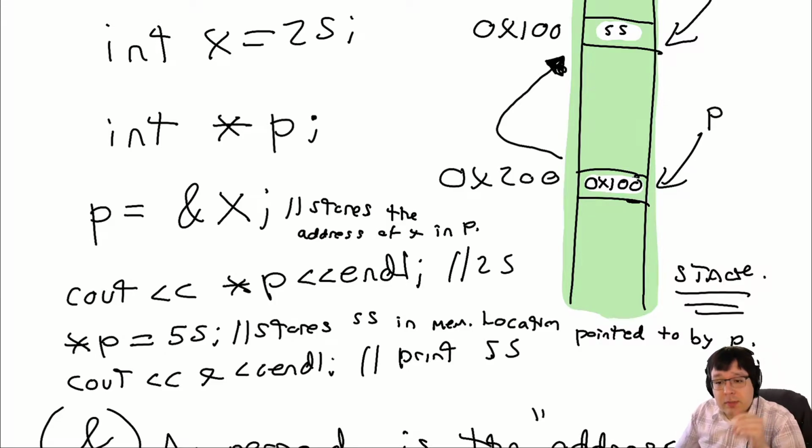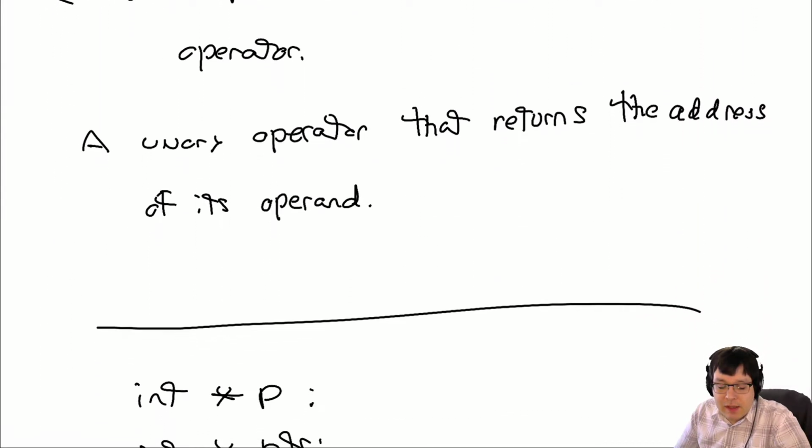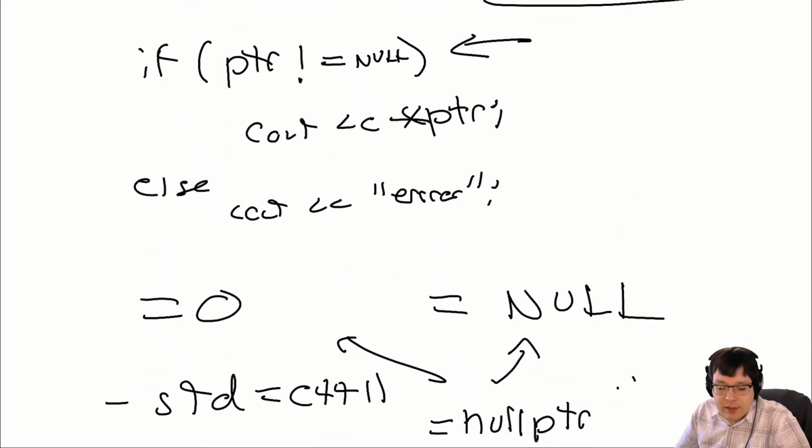It just turns out that pointer variables, instead of storing floats, integers, strings, or cars, store other addresses. When you dereference it, you're saying go to whatever p is pointing to and get me that data. So that is going to address 100 and getting the 55. That's basically what we did last time.